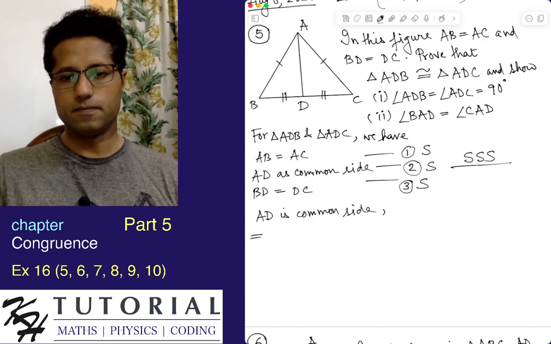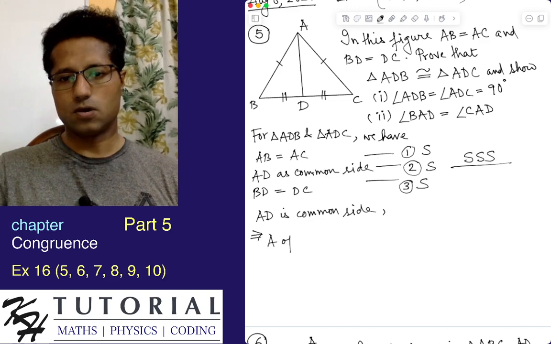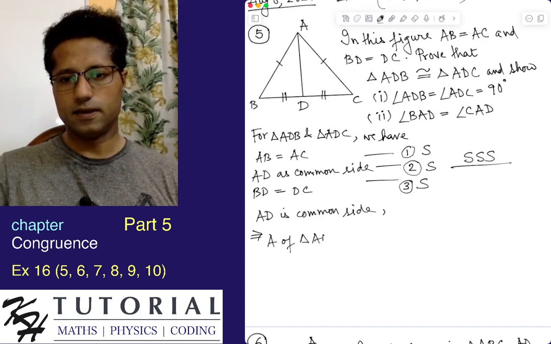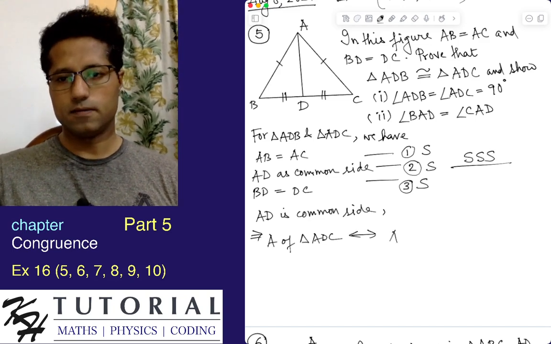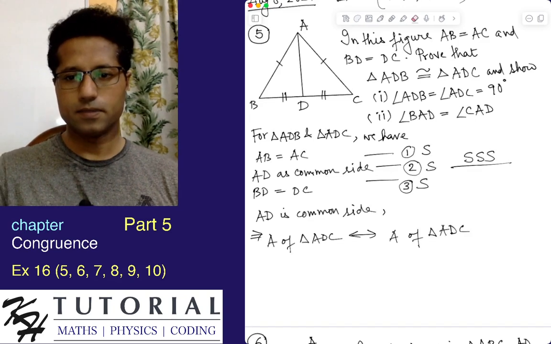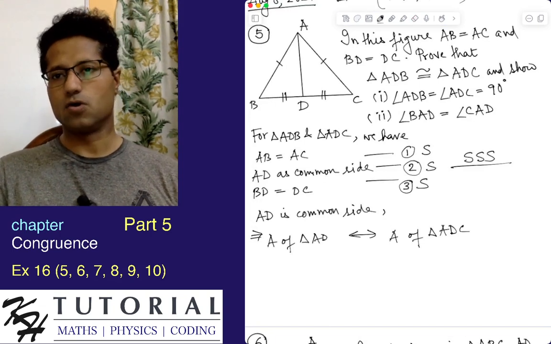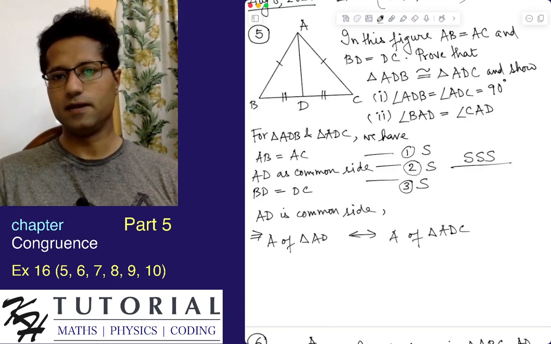this will imply that A of triangle ADC is mapped to A of triangle ADB. The vertex A and vertex D are the common vertices of the triangles ABD and ADC.